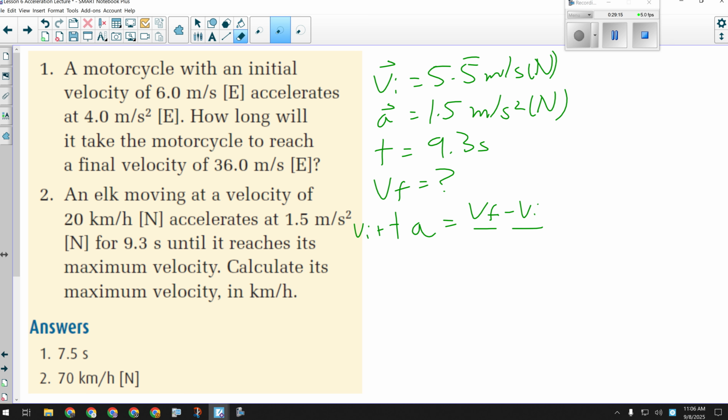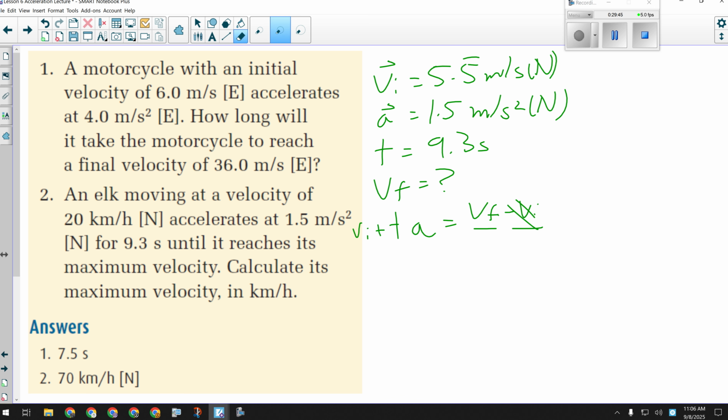If I'm talking my way through this, before I move Vi, this calculated the change in velocity, right? t times a is equal to Vf minus Vi. So if I add Vi to both sides, I'm saying, here's how fast I was going at the beginning. If I add how much I change it by, that should tell me how fast I'm going at the end. That makes sense if I talk it through like that.